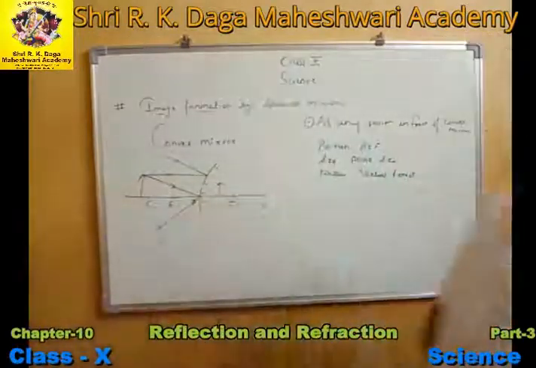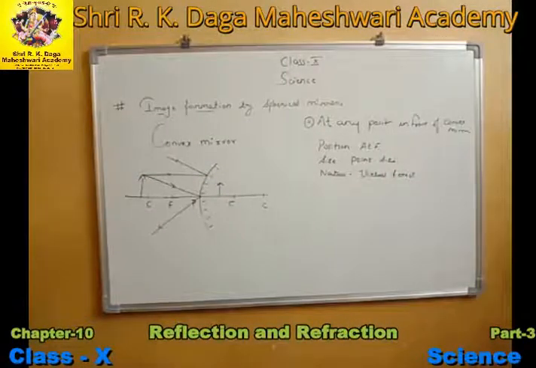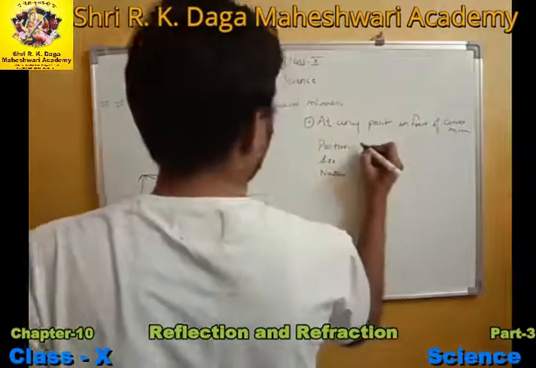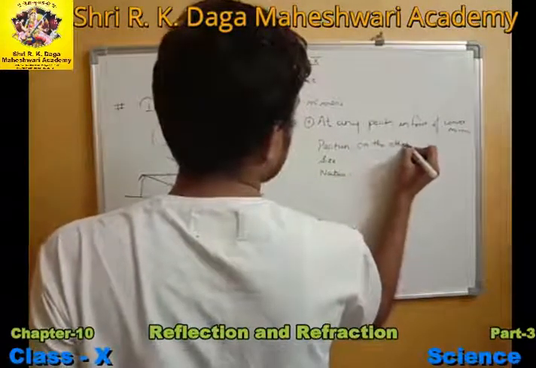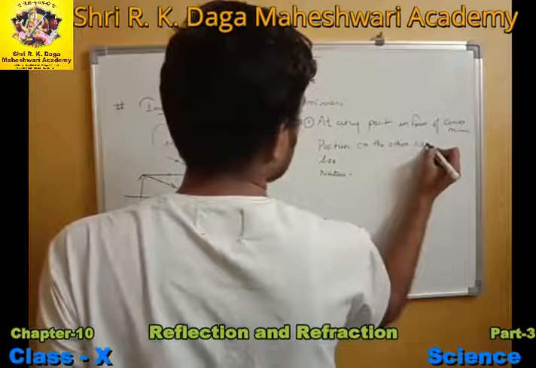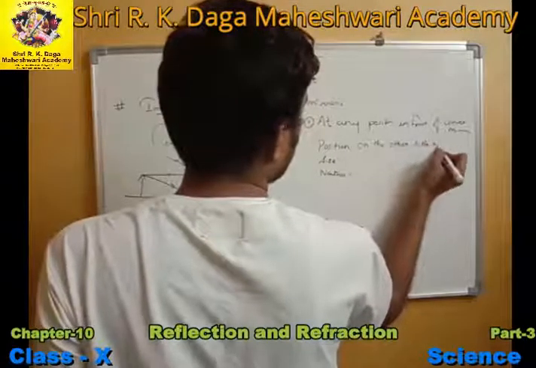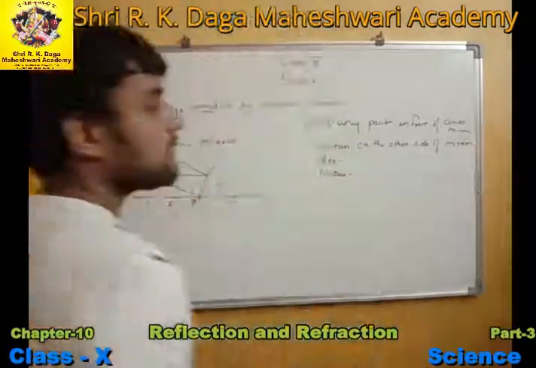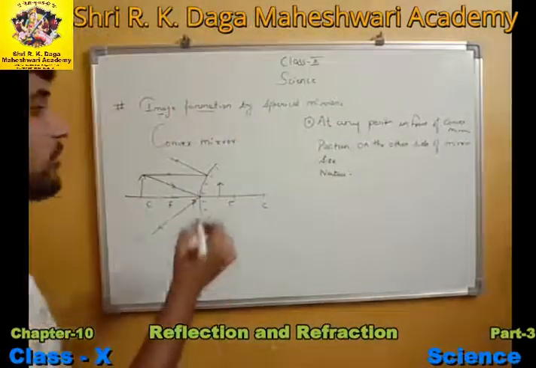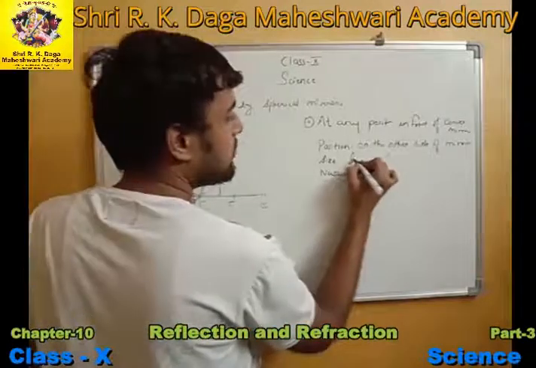Okay, so what is the position of the image formed? It is on the other side of the mirror. What is its size? It is smaller than the object.